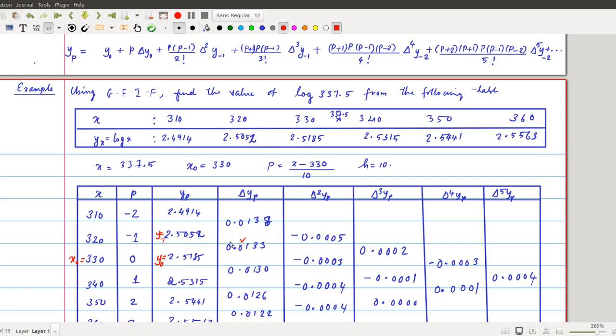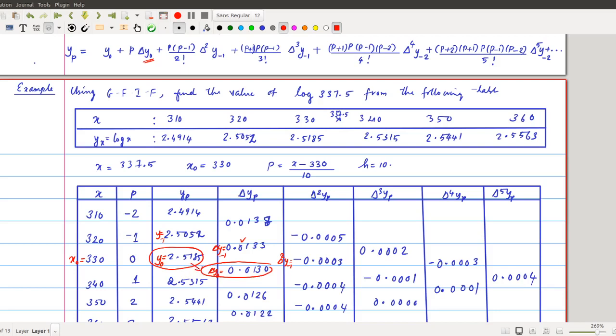So delta of delta y minus 1 is delta square y minus 1, that is this number. Similarly, our required values are this value, and next, in the second term, we have delta y naught. So delta y naught is this value.